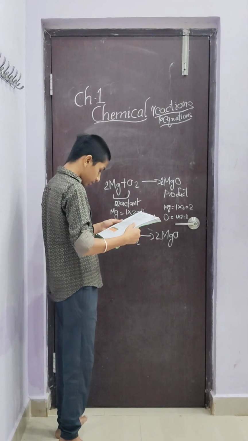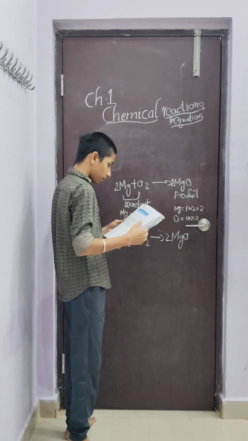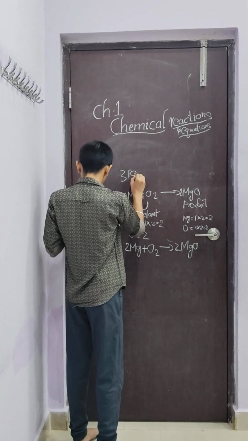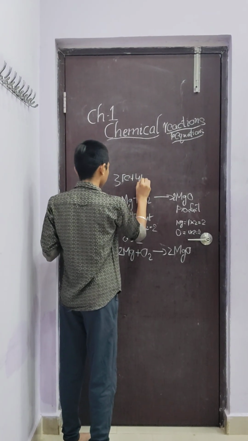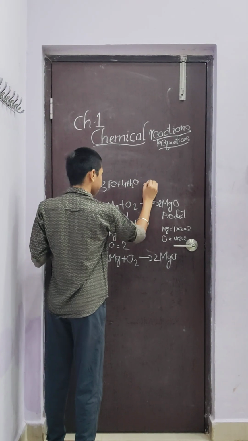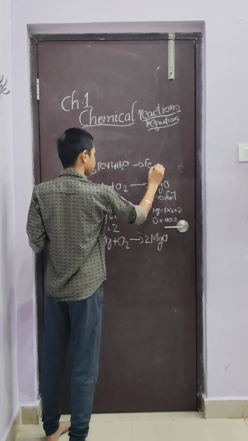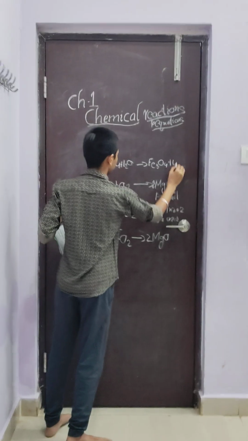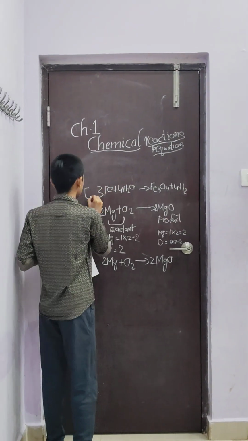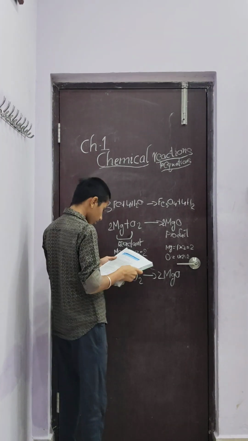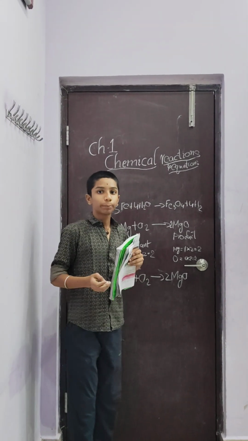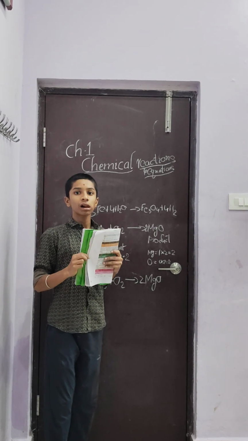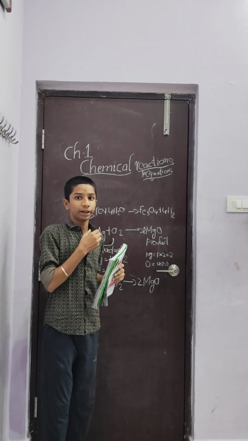Next, an example of a balanced chemical equation is 3Fe plus 4H2O giving rise to Fe3O4 plus 4H2. There is a drawback of balanced chemical equations: they do not show the physical state of each element.